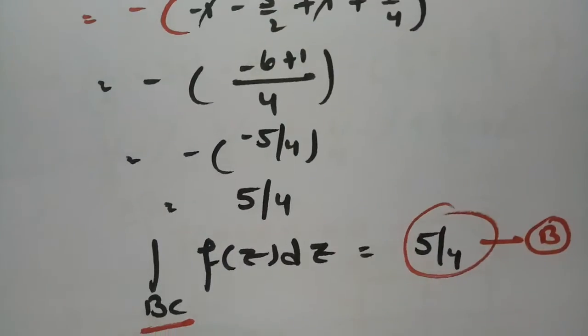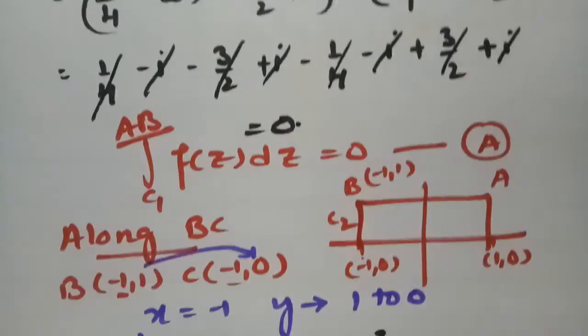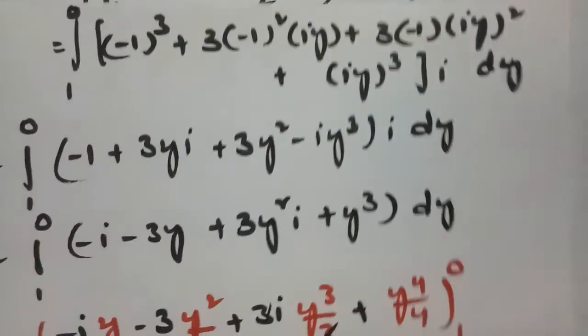So this is our C value, this is our B value, and this is our A value. And now let us substitute here.